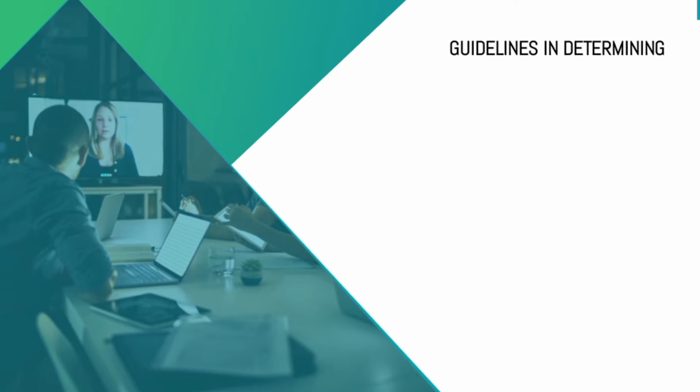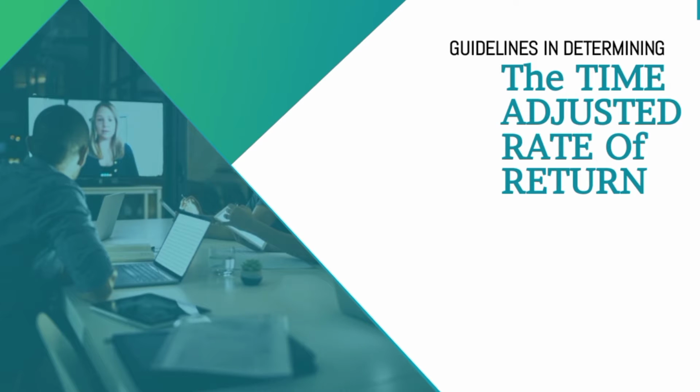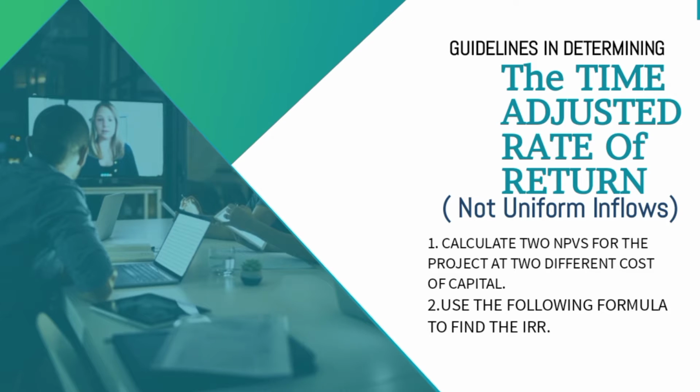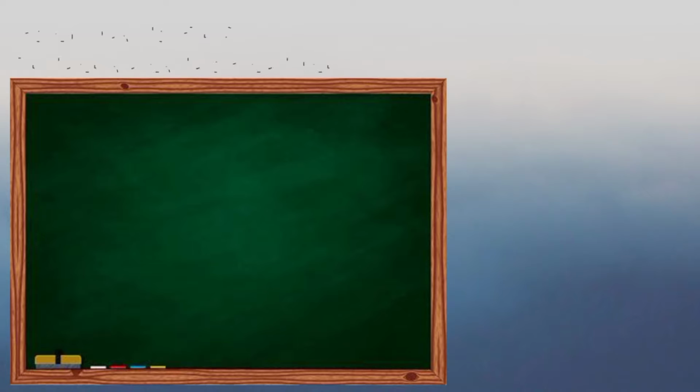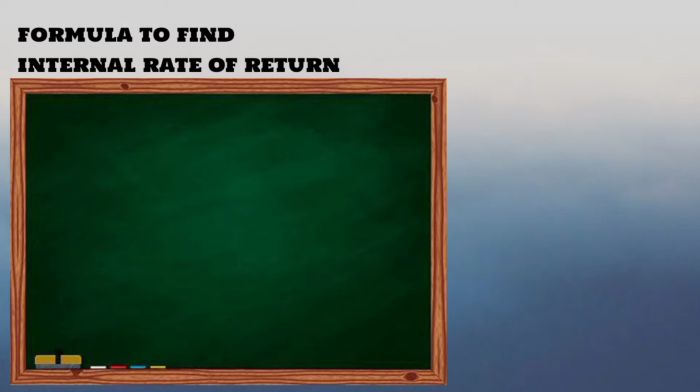Now let's move on to the guidelines in determining the time-adjusted rate of return, not uniform inflows. So the first one is calculate two net present values for the project at two different costs of capital. The second step is to use the following formula to find the IRR. So what's the formula to find the internal rate of return?